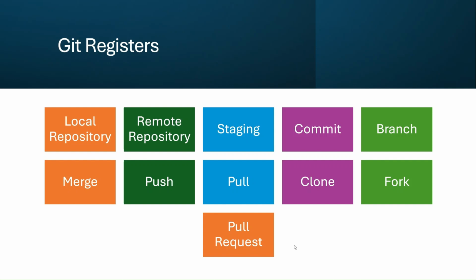So your repository contains all the project files that you have, and also the history of all the tracking, all the versions of those files that you've created. Everything is housed inside the repository.